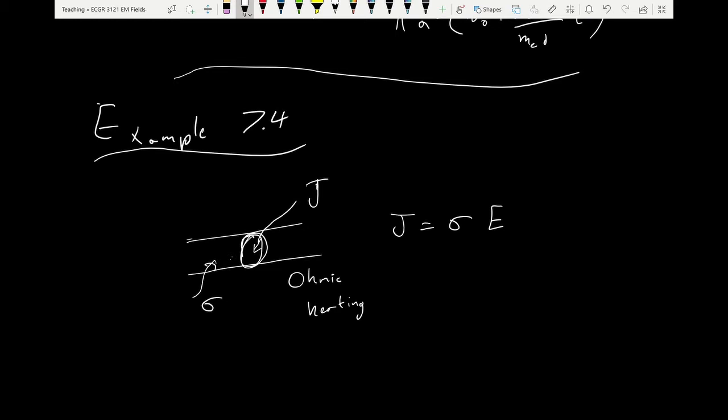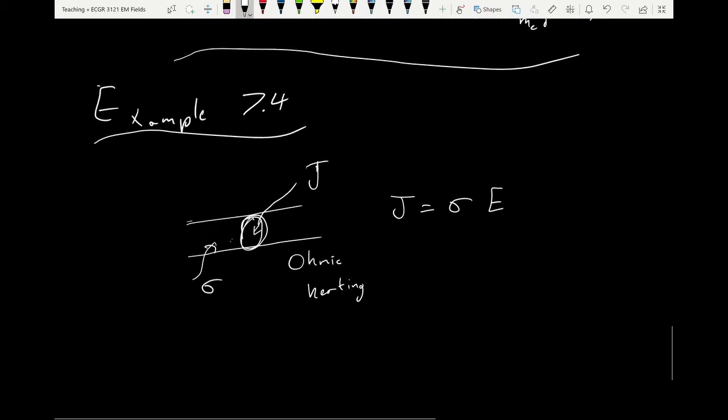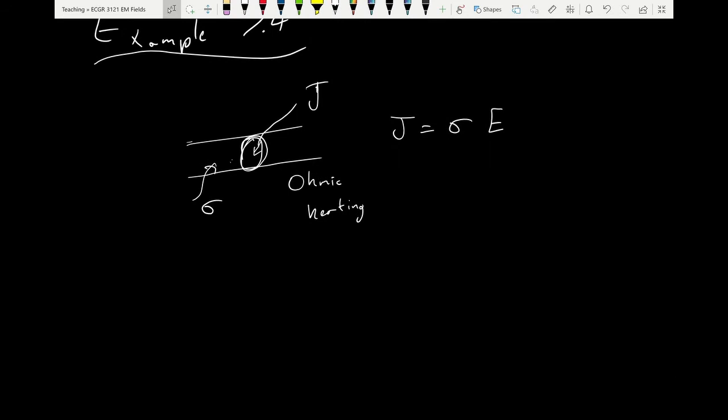So if J gets too high, the integrity of the material suffers, and it starts melting and vaporizing. That disconnects the circuit and interrupts the current flow. This is the basic operational principle of the fuse.